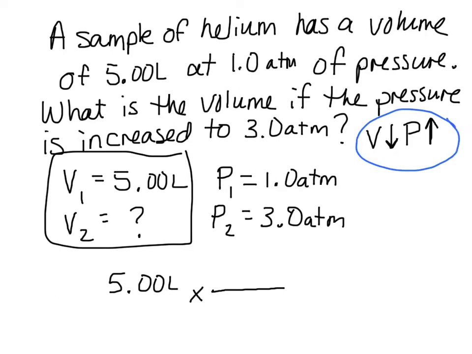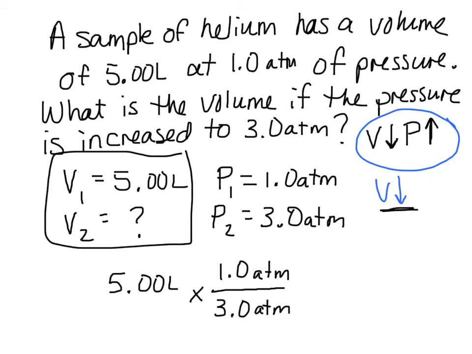We want our volume to go down. We have 2 numbers to do that with. What number is going to go on top of our fraction, and what number is going to go on the bottom? If we want our volume to decrease, we put the smaller number on top and the larger number on the bottom.